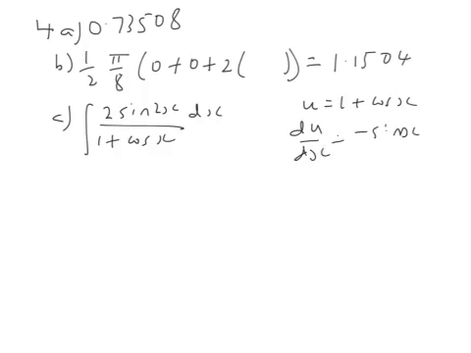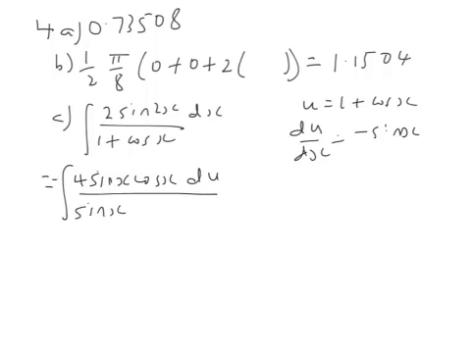So this becomes 2 sine 2x, well that's 4 sine x cos x, dx is du over minus sine x, so let's put the minus sign out there, and 1 plus cos x is u.